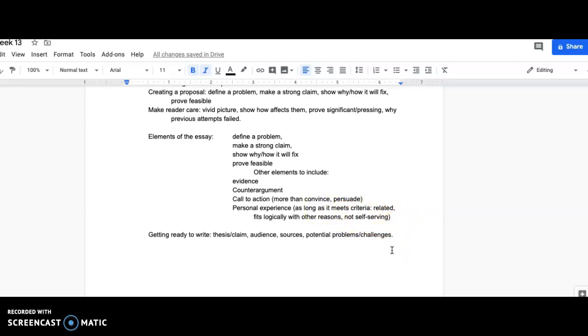Because I've seen proposal arguments completely unravel once the author gets into personal experience, because then it becomes clear that, oh wow, they really have a personal investment in this that is clouding their ability to recognize this is not an issue for other people. It's an issue for you, and you are trying to make your very personal experience into a larger context, and it doesn't really fit. That's what it means: fits logically with other reasons, it's related, and it's not self-serving, right?